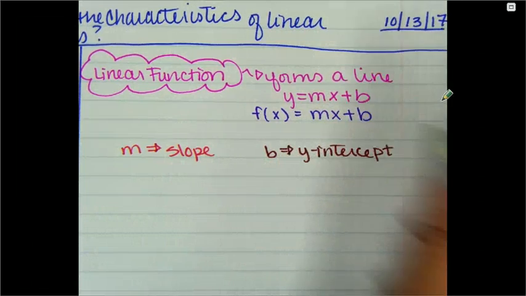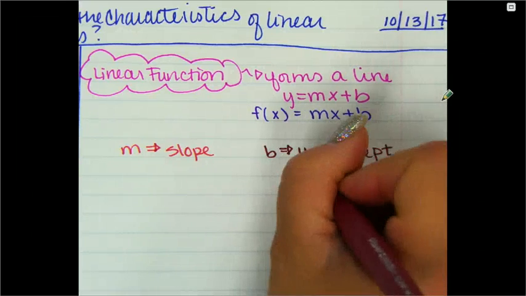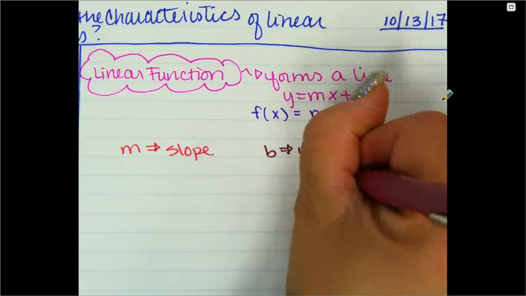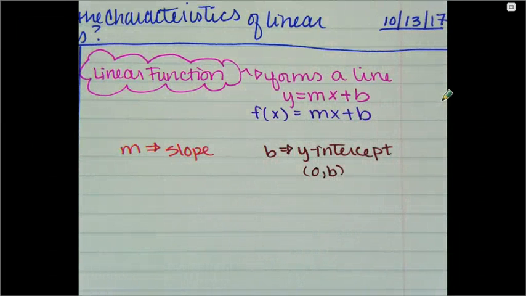We write y-intercept as an ordered pair. It's on the y-axis, so it's always a 0 first, because x is 0, comma b. So whatever our b is, we'll go there.